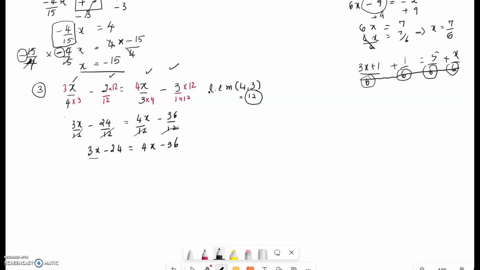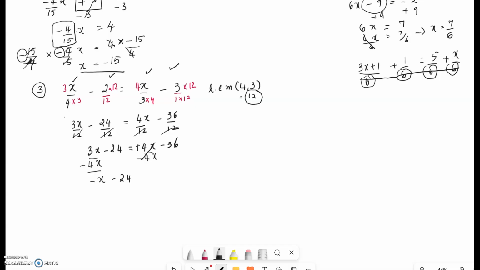We have an x term on the left, and an x term on the right. Now let's get rid of the x term on the right. We want to combine all the x's, bring it to one side, subtract 4x on both sides. So you get 3x minus 4x is negative x minus 24.